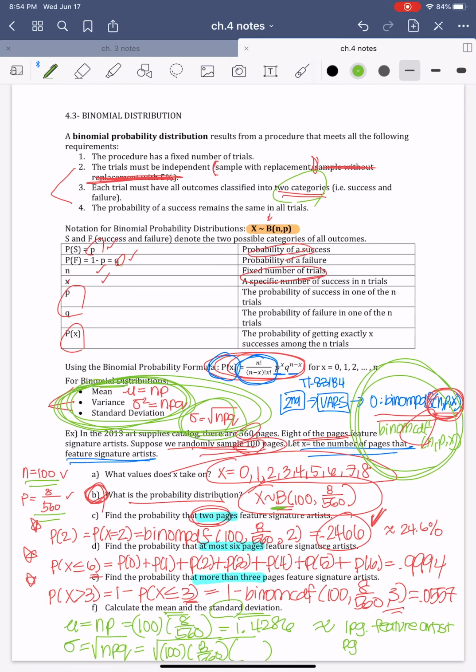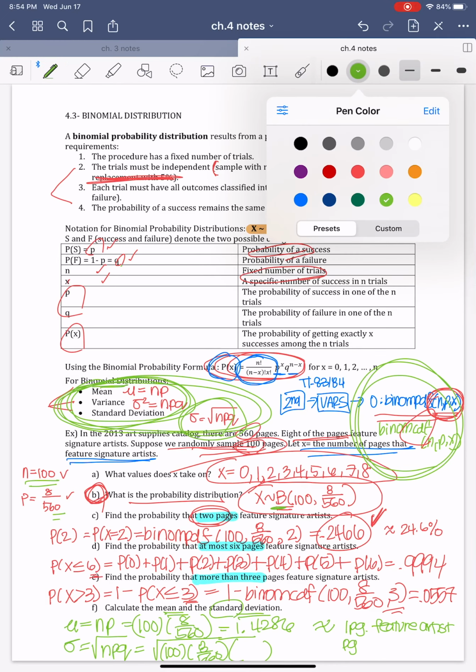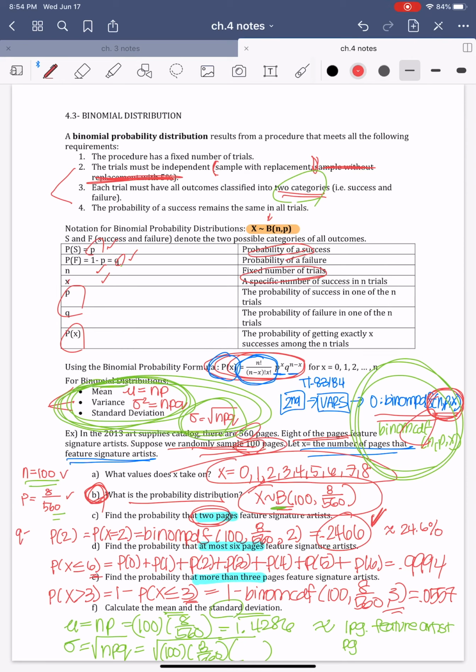Q will be the opposite, that makes the other whole. So Q will be 552 out of 560. Where's the 552 coming from? 560 take away 8 gives you the other pages that do not have a signature artist page. So 552 out of 560.